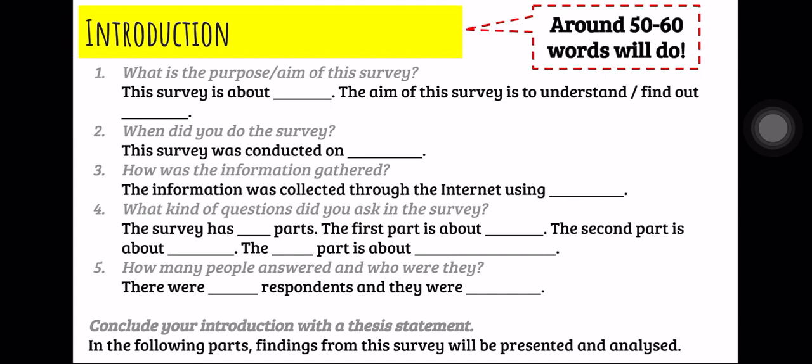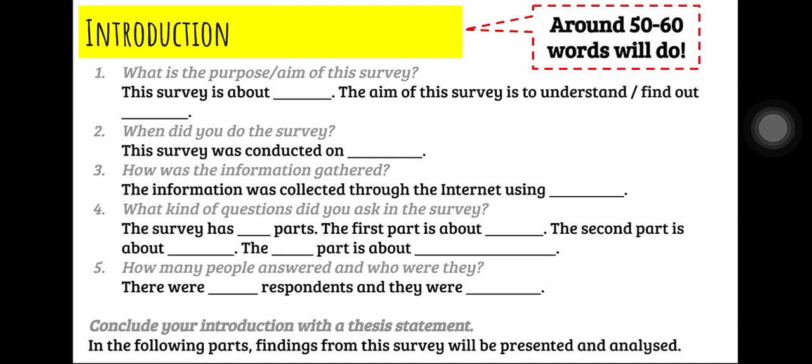Let's take a look at this sample by answering the questions that I've just asked. What is the purpose and aim of this survey? Then you answer, the aim of this survey is to understand, to find out, and so on. And when do you do the survey? Then you will answer, this survey was conducted on the day, the time. How was the information gathered? The information was collected through the internet using a certain tool.